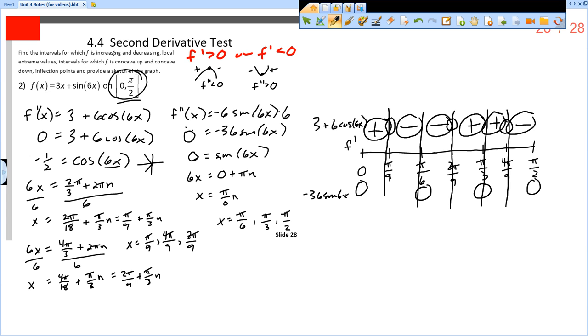So we can answer when is f increasing, decreasing, and what are the local extreme values. You can say f is increasing on what interval? Whenever it's positive. That would be from 0 to pi over 9, and then from 2 pi over 9 to 4 pi over 9.